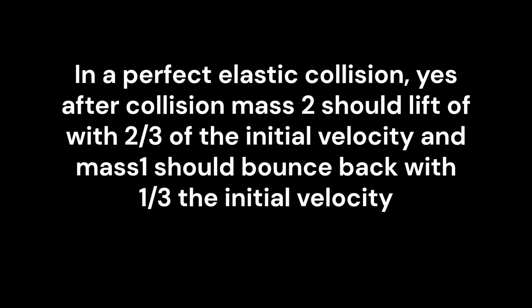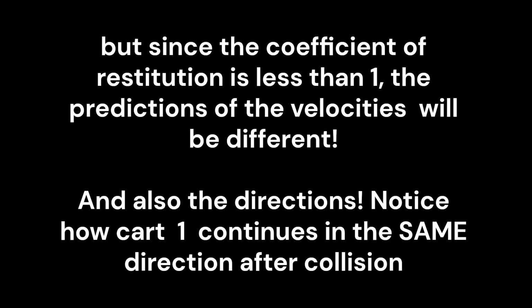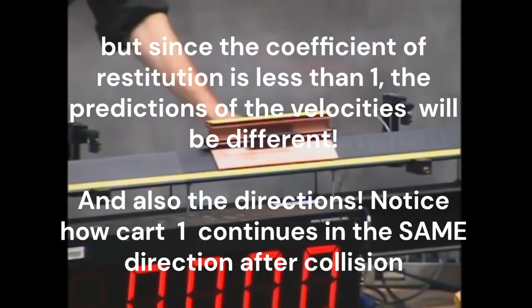Also, in a perfect elastic collision, yes, after collision, mass 2 should lift off with 2/3 of the initial velocity and mass 1 should bounce back with 1/3 of the initial velocity. But since the coefficient of restitution is less than 1, the predictions of the velocities will be different, and also the directions. Notice how cart 1 continues in the same direction after collision.